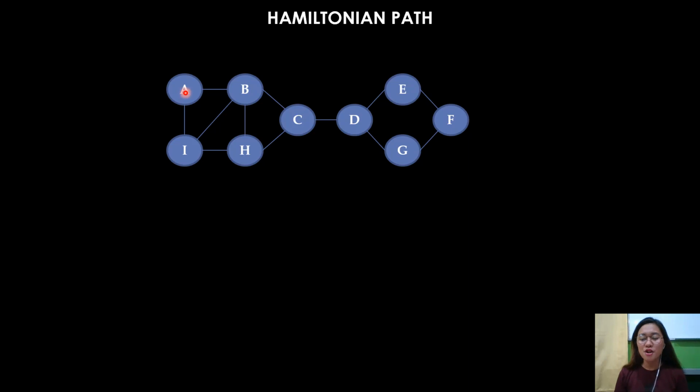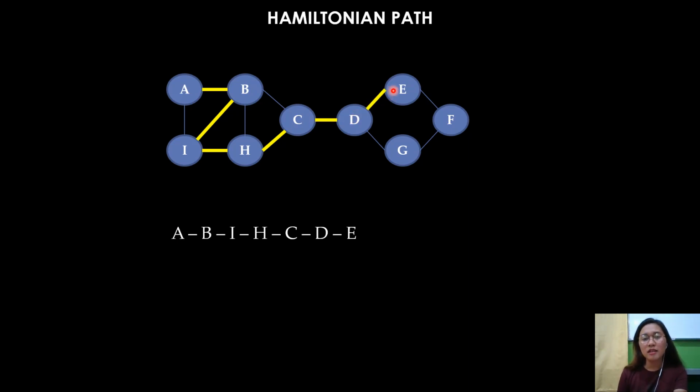So let's start from the vertex A to vertex B. Then next, we'll go to vertex I, then continue to vertex H, then let's go to vertex C, then continue to vertex D, and go to vertex E, then go to vertex F, and lastly, we end with the vertex G. So as you see, in this graph, we visited all the vertices of the graph.